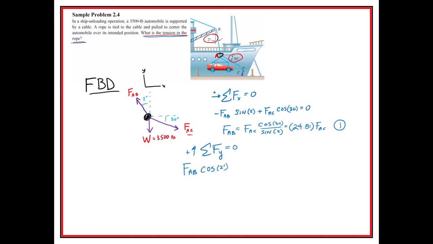And we also know it was positive, because it was positive up. And then we have a negative FAC, but this time it's going to be sine of 30 degrees because it's the component opposite from that angle. And then lastly, we have a negative 3,500. So that's our second equation.